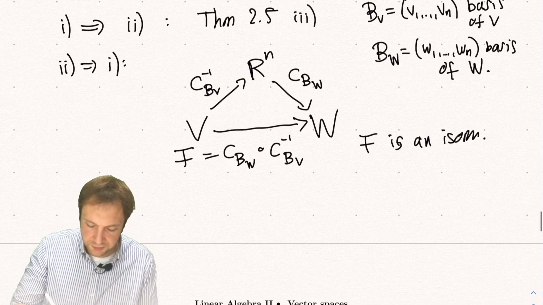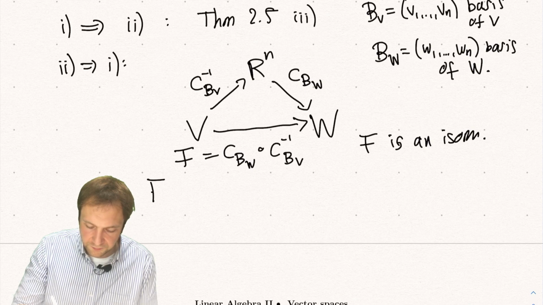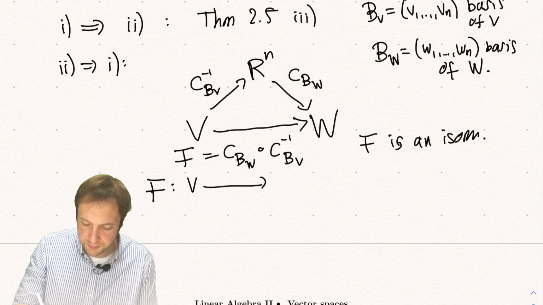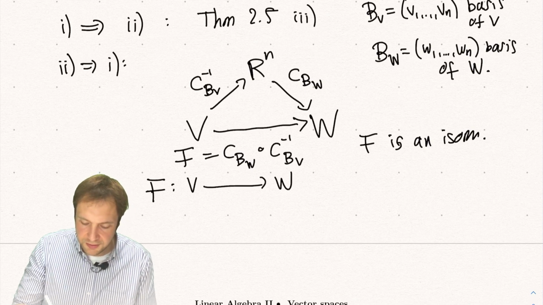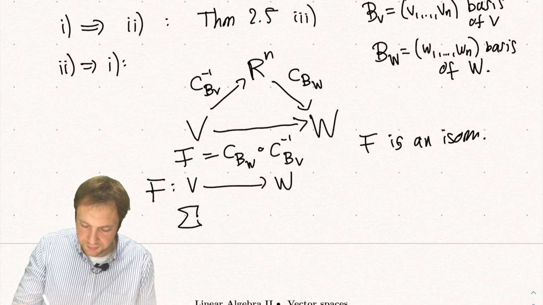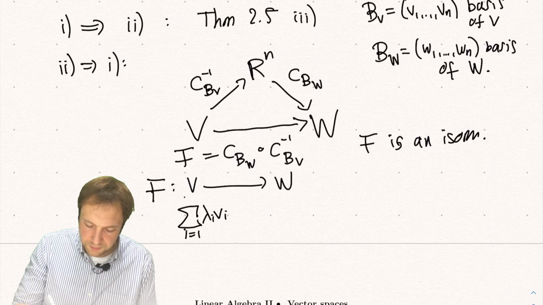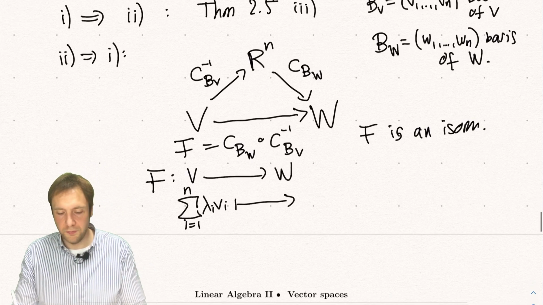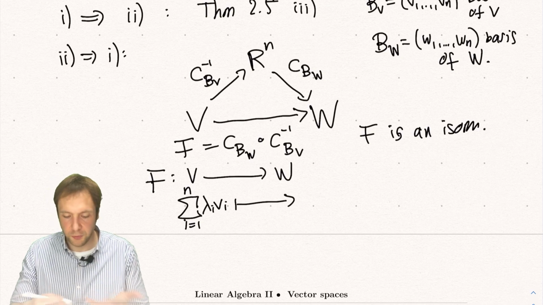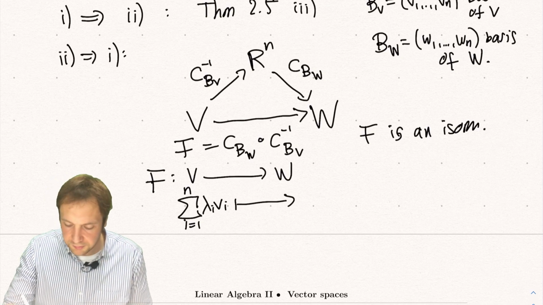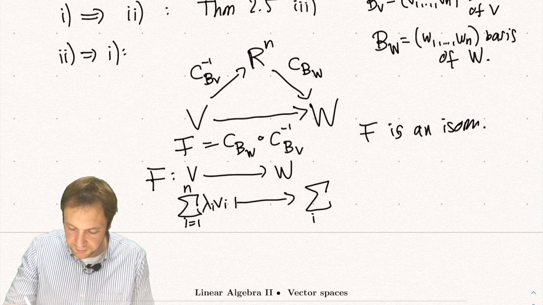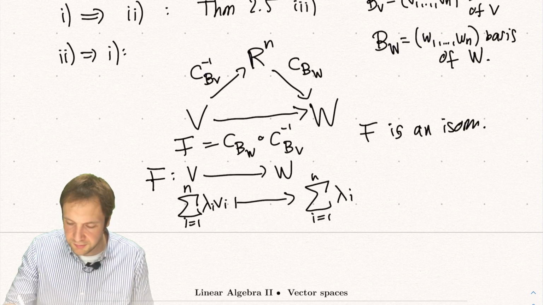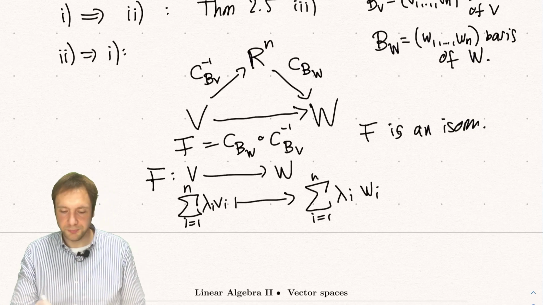And what this does is, F is a map from V to W, and V has a basis v_i, so if I have a linear combination of these basis vectors, this is possible for all elements because this is a basis, then this map just sends this to the same linear combination, but instead of v_i I take the w_i.